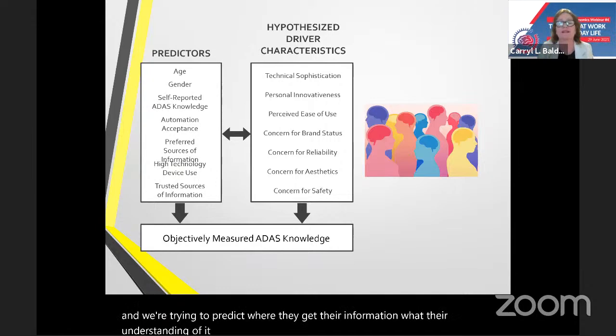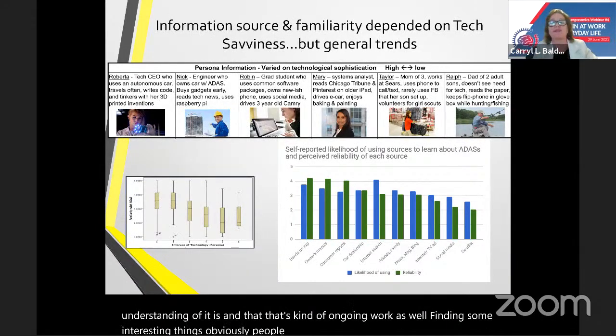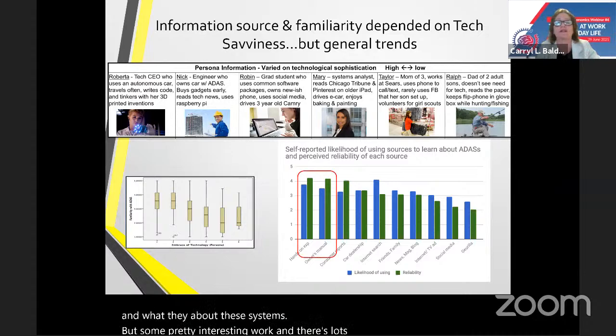That's ongoing work as well, and we're finding some interesting things. Obviously, people vary in their tech savviness. There's often a mismatch between what they think they know and what they actually know about these systems. It's pretty interesting work, and there are lots of individual differences that we've identified.